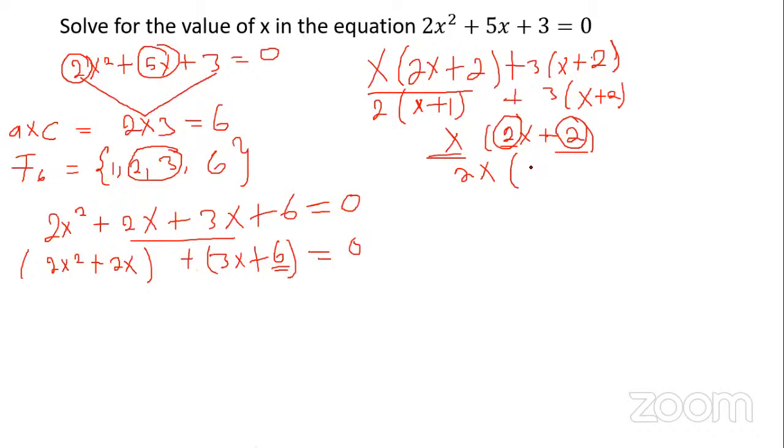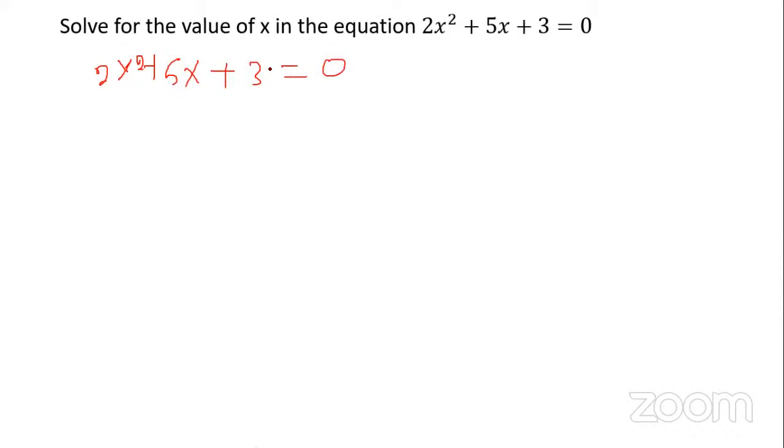Yes, Monique. Okay, I think we made a mistake somewhere. We had 2x squared plus 5x plus 3 is equal to 0.